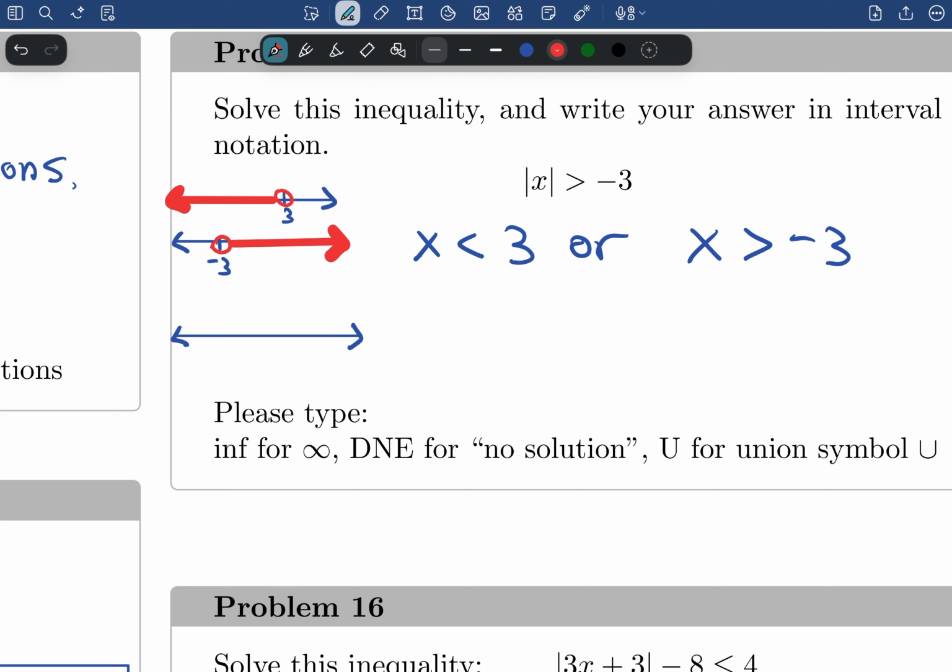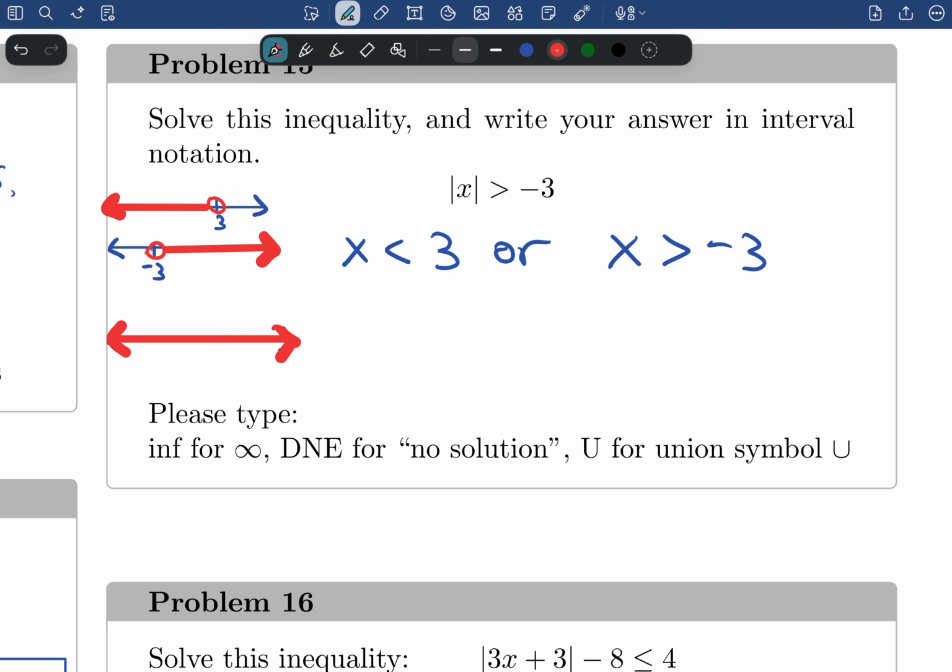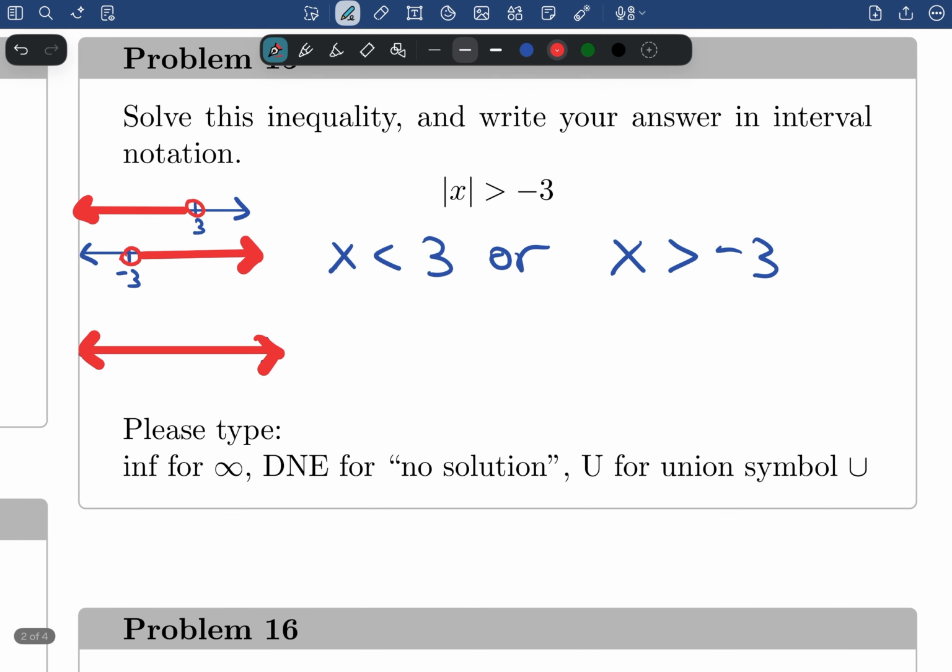And what I come to the conclusion of is that if I shaded all that stuff, it would actually shade the entire number line from negative infinity to infinity. Okay? So it looks like my answer is negative infinity, comma, infinity. And there we go.